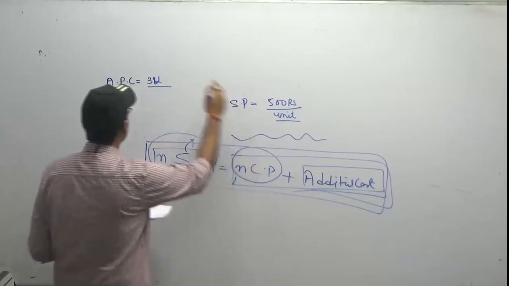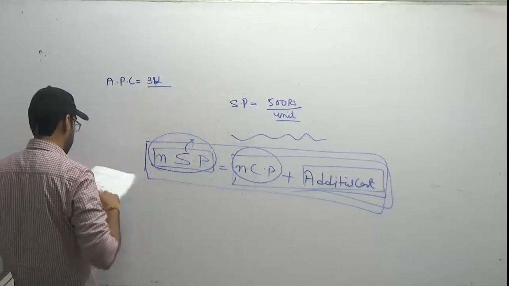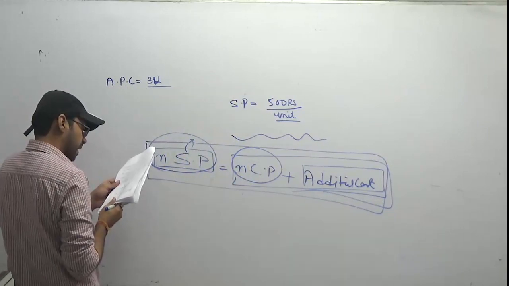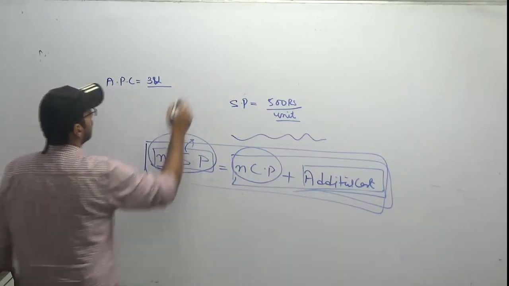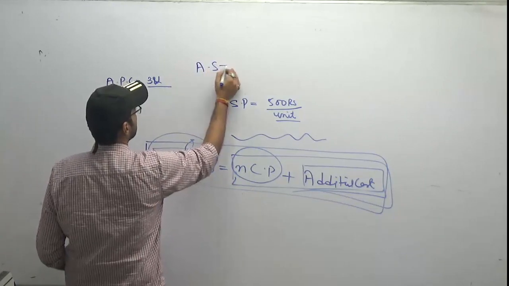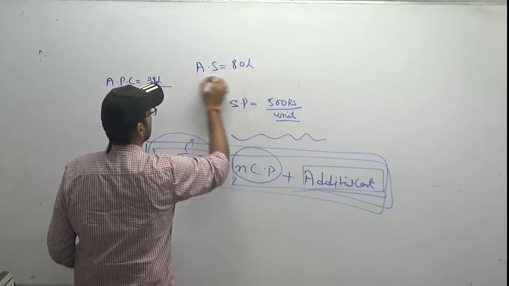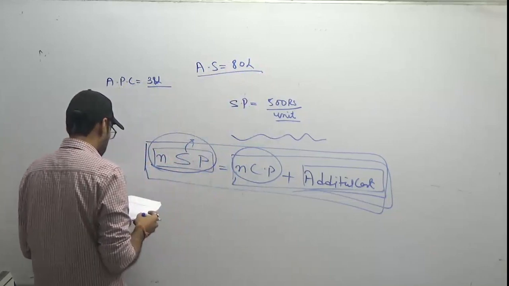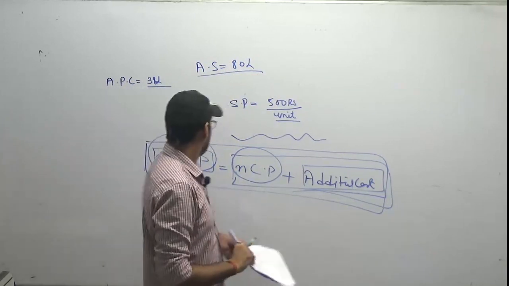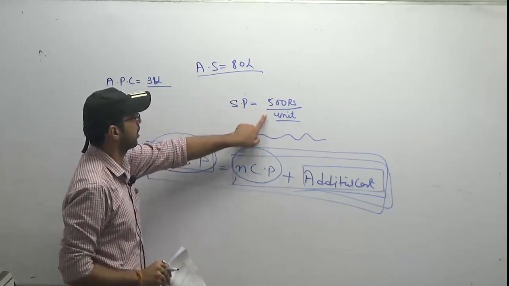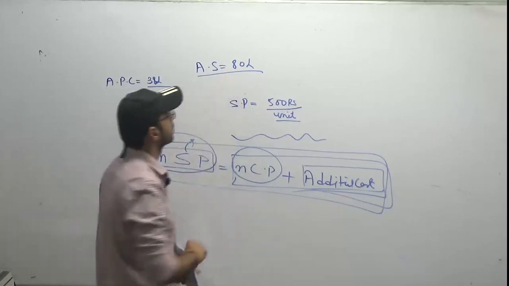Now, they are saying annual sale is 80 lakhs. So the number of units produced is what? We know selling price is 500, annual sale is 80 lakhs.